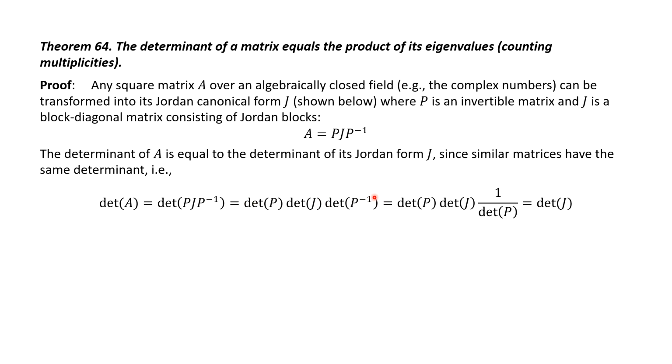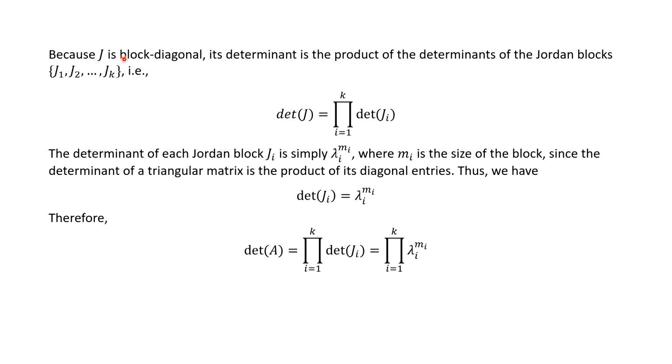The determinant of an inverse equals 1 over the determinant of the matrix. So these cancel and you get determinant J. Let's continue with the proof on the next slide. Because J is block diagonal, its determinant is the product of the determinants of the Jordan blocks. So we can write this here.